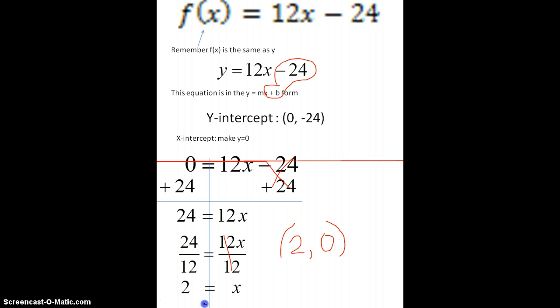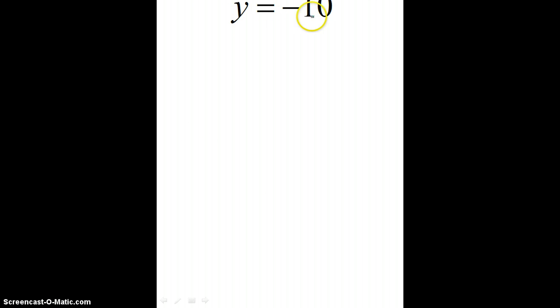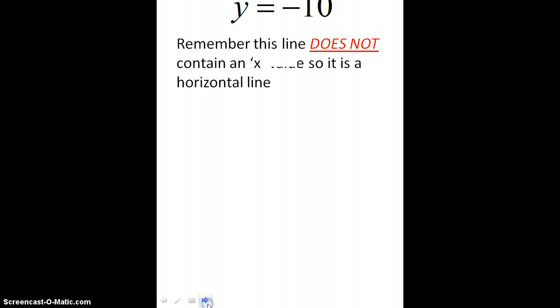Now let's look at two special cases. I have y equals negative 10. Well, remember, this line does not contain an x value, so it is a horizontal line. Also remember that the slope for a horizontal line is always 0. And since there is no x value, the y-intercept is going to just be negative 10.